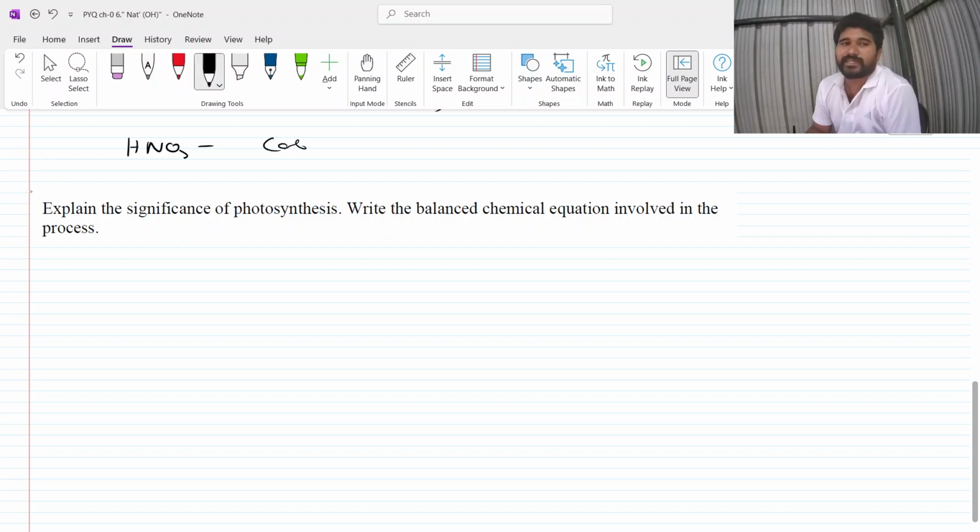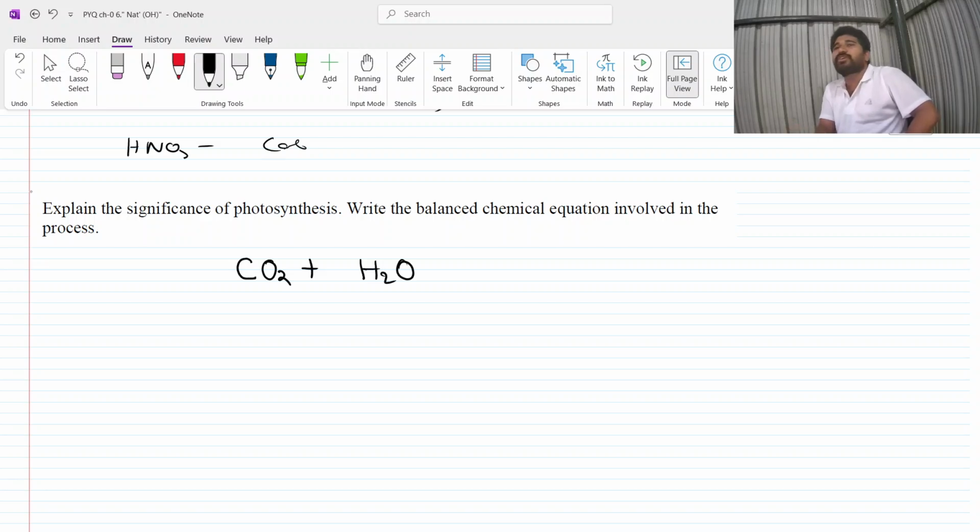Balanced chemical equation of photosynthesis. So who are the reactants in the photosynthesis? You have to tell carbon dioxide plus water, these two only, the simple compounds. It is going to form what?